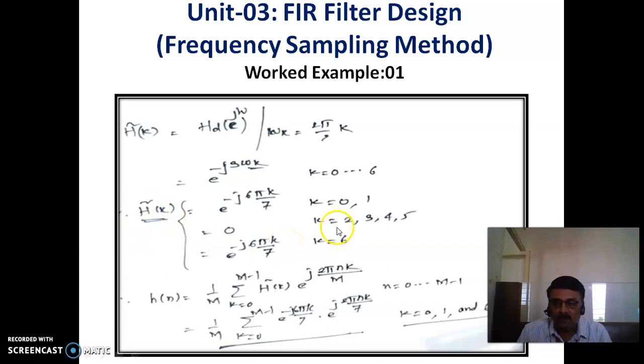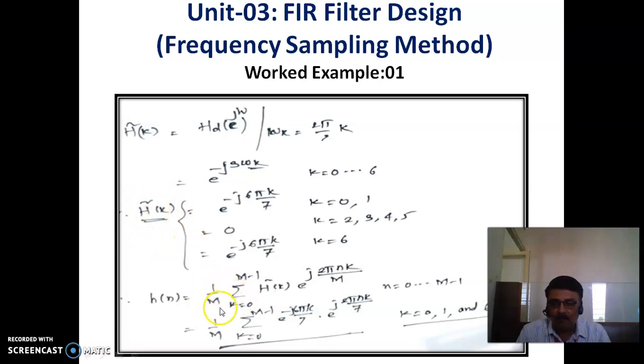After finding this h of k, as I said, Hd of e power j omega is given, and you found the h of k value, then immediately go for h of n. This h of n value is found by taking the inverse of this h of k, that is IDFT.